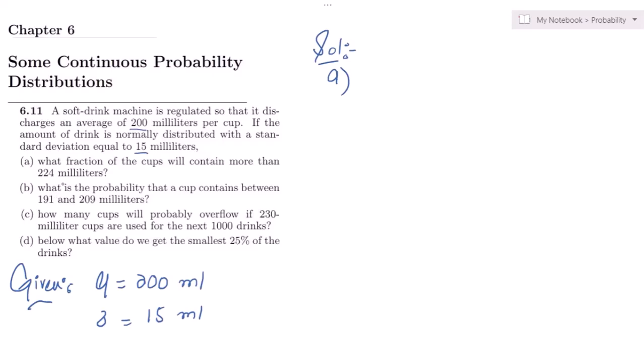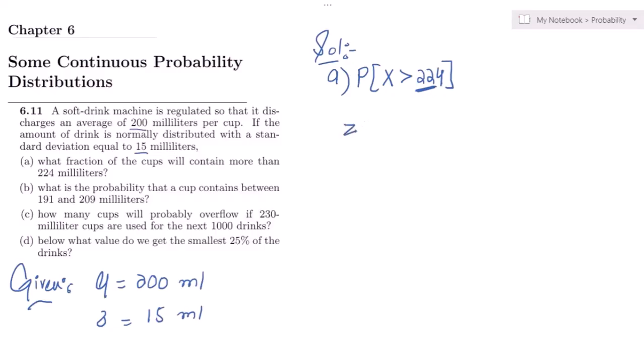If we neglect the milliliters, we want to find the probability that x, or the amount, is greater than 224. In order to find this probability, we need to consult the z distribution table, so this value should be converted to the z value.